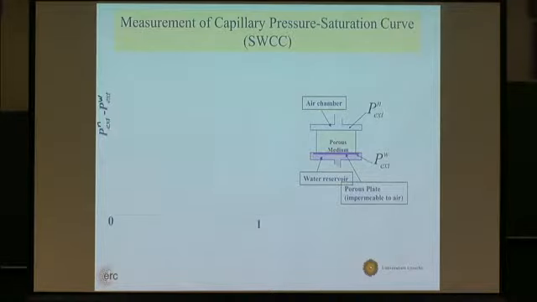So if you plot pressure difference between these two reservoirs as a function of saturation, when saturation is 1, nothing happens. You increase that pressure a little bit, and still nothing happens. At some point, this is called entry pressure, air goes in there and displaces the water. Then they wait until no movement occurs anymore, because this is the way it's measured.